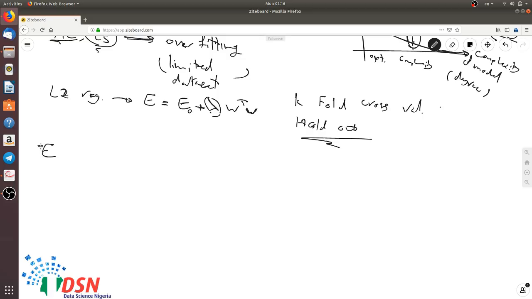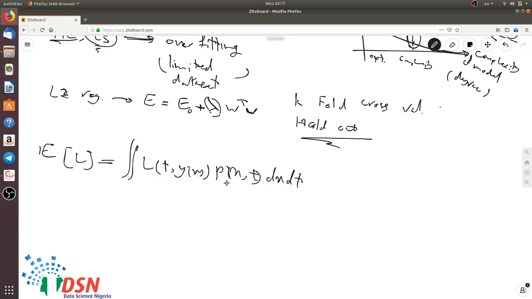First we should recap what we derived in the last sessions. If you remember, the expected value of the loss was the integration of the loss value times the joint probability of x and t, dx dt.